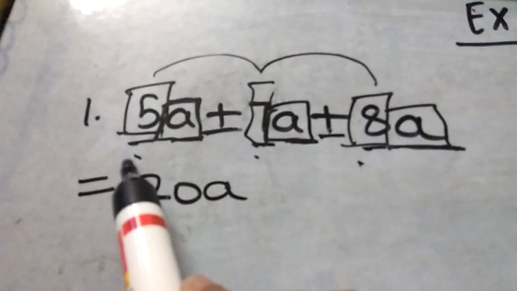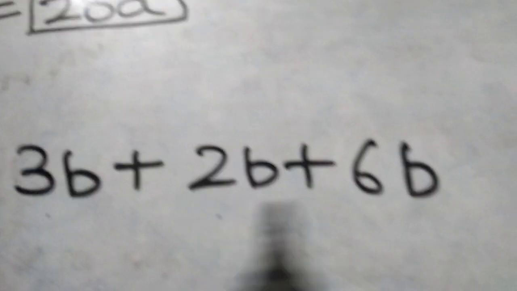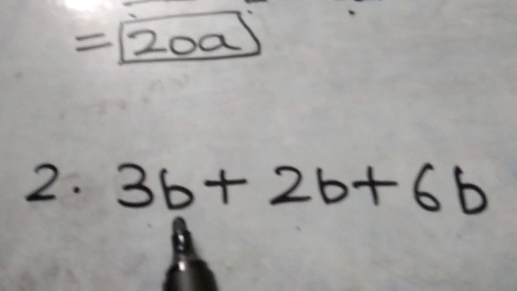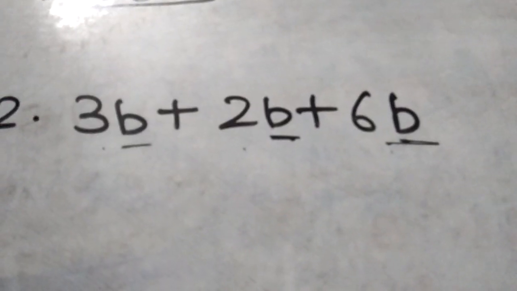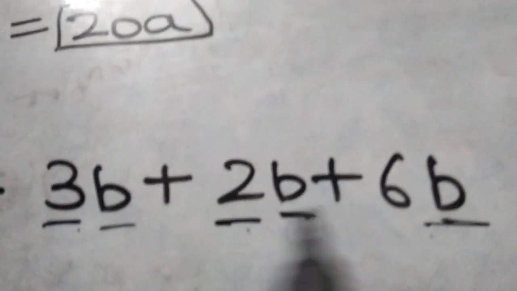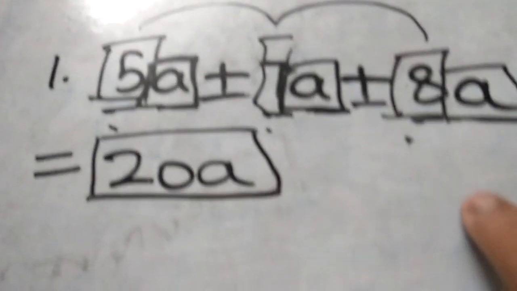Let's take another example. Here, 3b plus 2b plus 6b. Again the same sum. Only the variable and the numbers are different. So look at the variables. Again here they are the same. Now look at the numbers. Just add the numbers as we did previously.